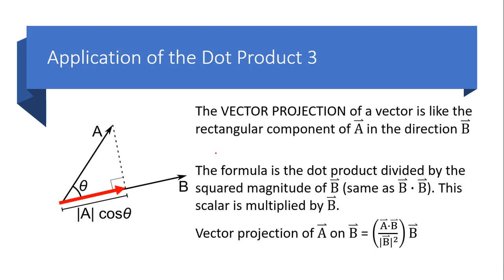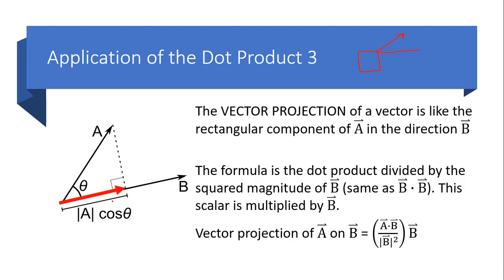That's the scalar projection, which is like the size. Like if you were pulling, remember that physics problem where you pull the block at an angle and you want to know the force that you get in the x direction? That's your scalar. The vector projection is the vector in the B direction. So it's a component of A, the parallel component of A in your direction B. So when you do this math, you get a vector.